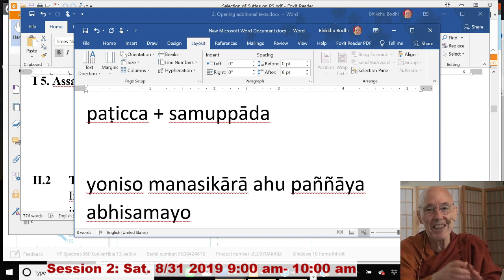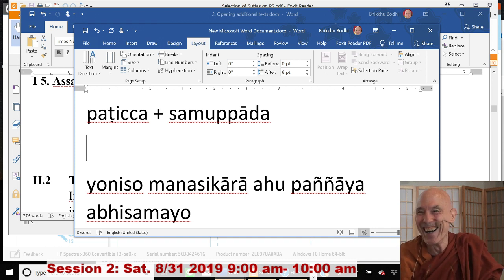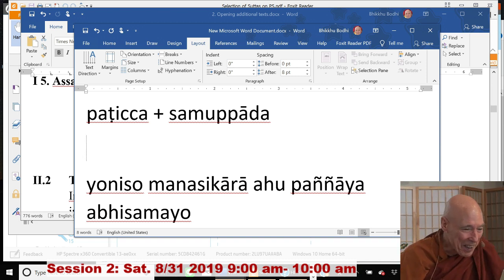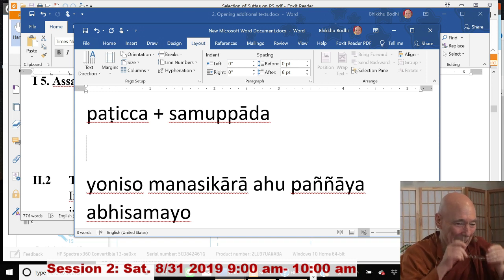The word paticca is originally an absolutive. I assume everybody knows what an absolutive is? Yeah, it's a specialized word in Pali and Sanskrit grammar and other types of grammar.